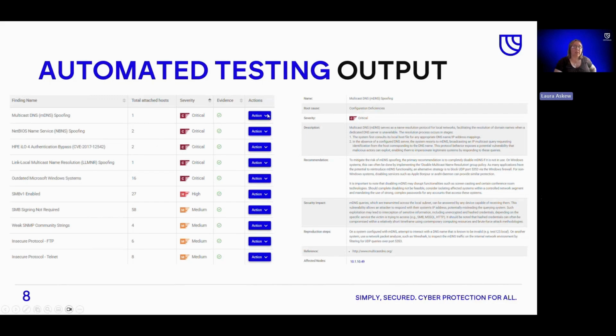You have the output from the machine, so that you can validate that the findings are accurate, and you can also choose to see a description of what this issue is and what you need to do to remediate it. So like I say, it's pretty handy in terms of that ongoing baseline.